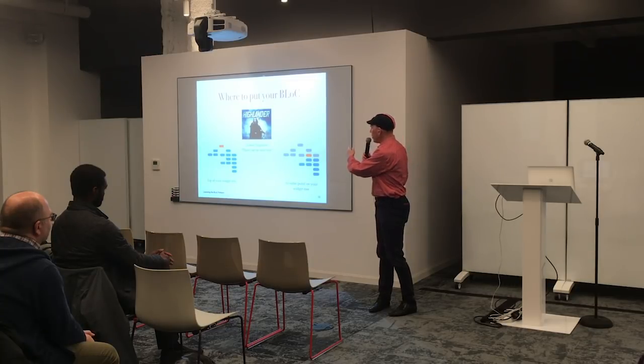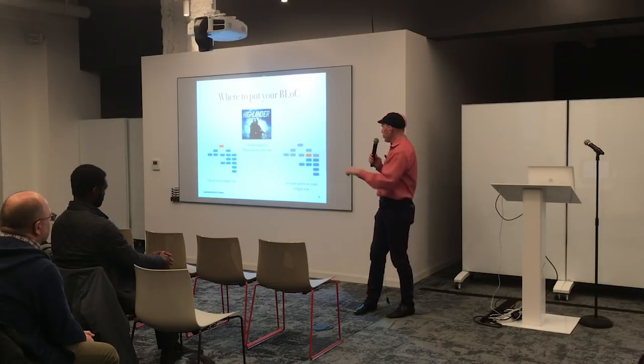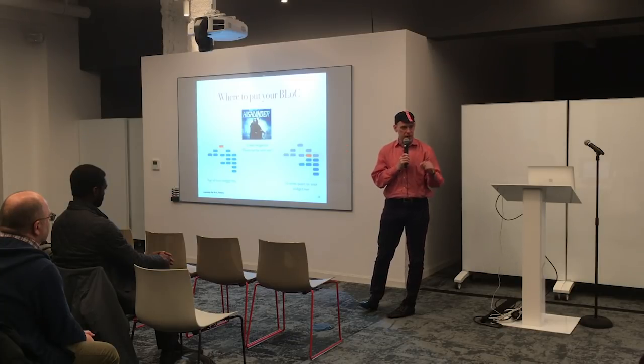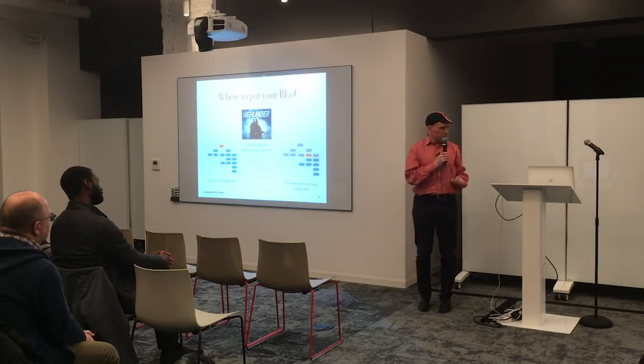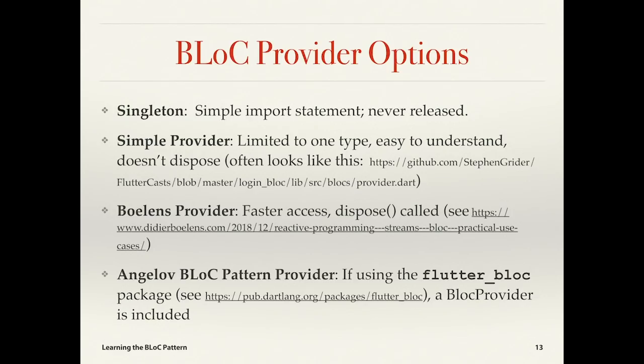But then if you want to use the same BLoC in multiple parts of your application for different things, then you can put it in some part of the widget tree and then access it through all the child widgets on that widget tree. But if you're going to do that, you're going to need a little bit more sophisticated provider because you want to instantiate your BLoC, and then you want to be able to get access to that BLoC. And well, if you have a singleton, that's pretty easy.